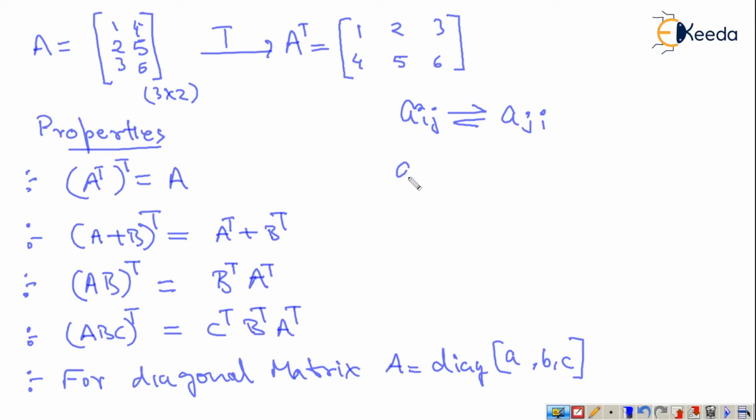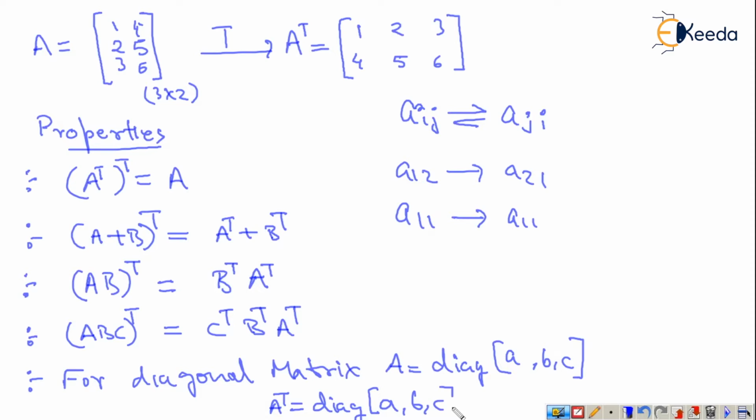For example, A12 is replaced with A21. What about A11? A11 will be replaced with A11 itself, right? So the diagonal elements will remain at the same position, and ultimately A transpose will become the same as the previous one, a, b, c. So you can say A transpose and A are the same for the case of a diagonal matrix, not in general, right?